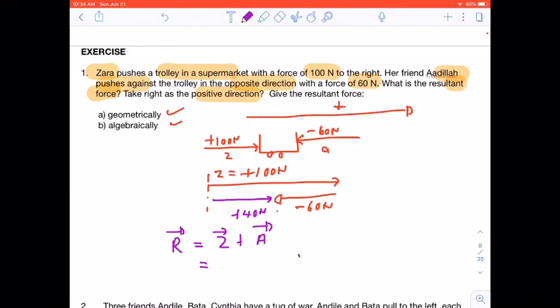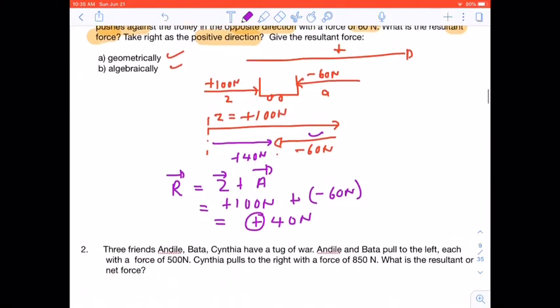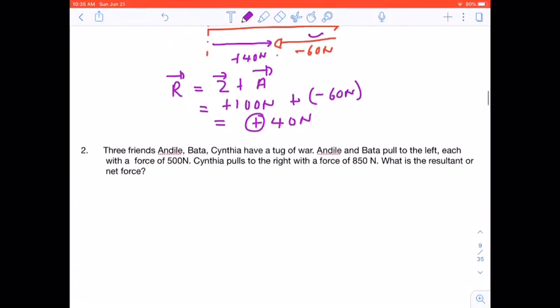Zara's is plus 100 newtons, Adila's is in the opposite direction, as you can see, so it's minus 60 newtons, and that gives us plus 40 newtons, plus indicating that the motion is towards the right. Let's look at the next one.